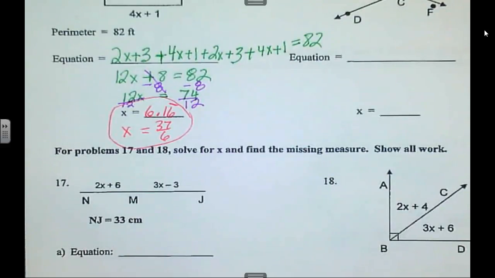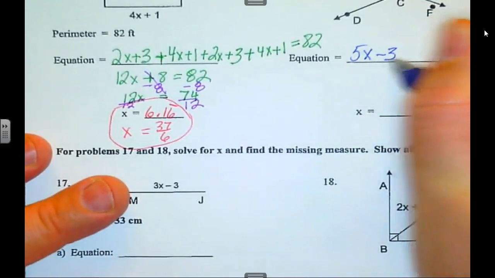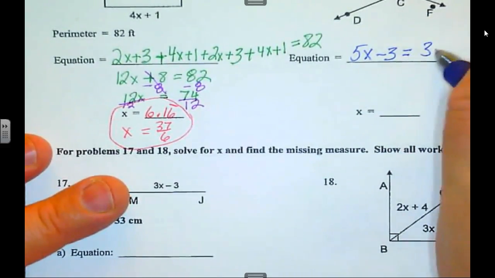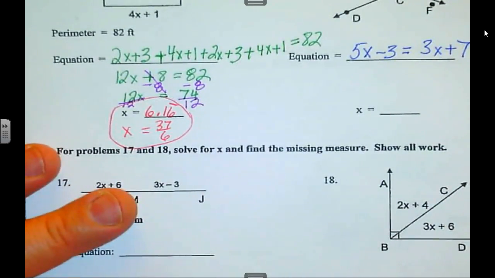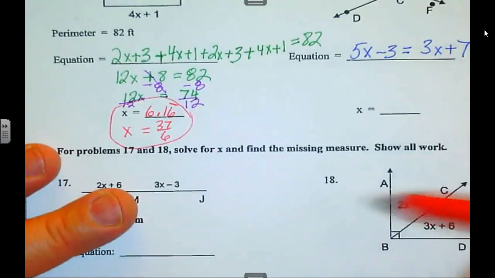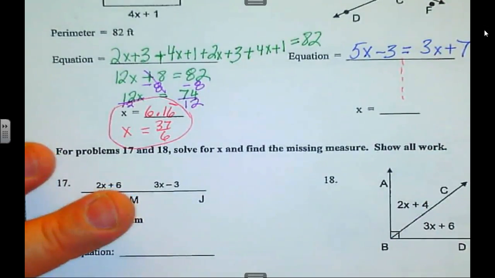What about vertical angles? What do I know about vertical angles? They're going to equal each other. So 5x minus 3 is going to equal 3x plus 7. Yep.